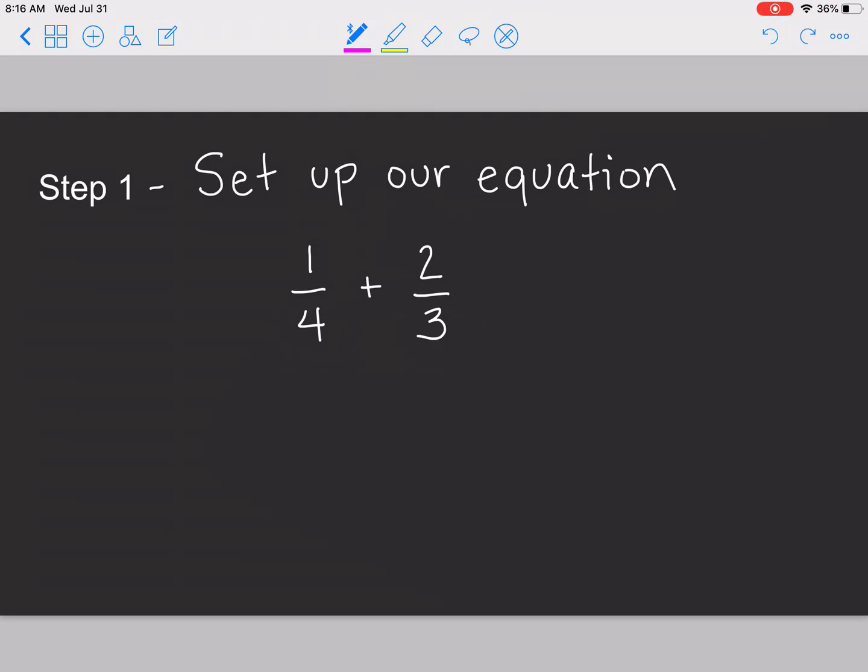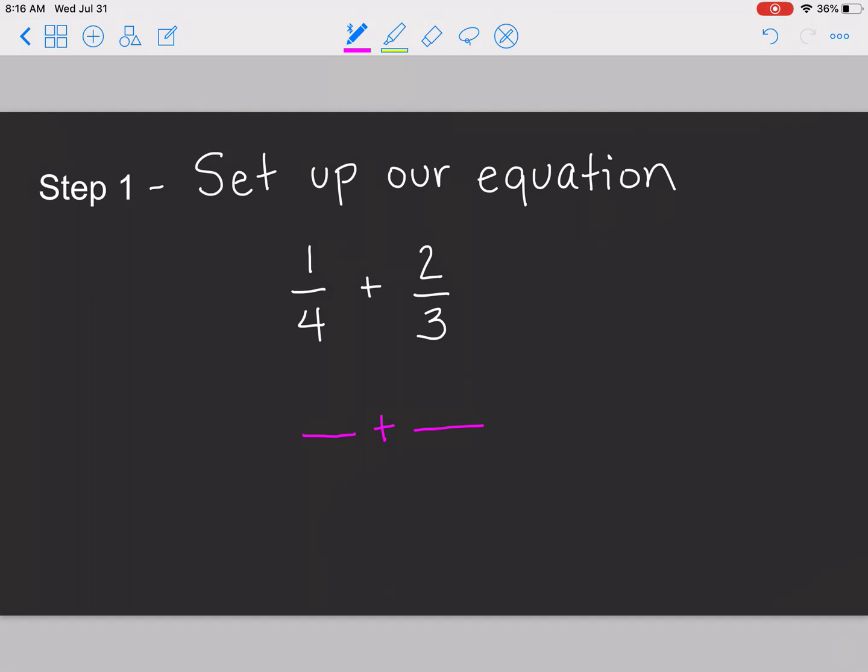So what we're going to do first is set up a new equation. It's a blank equation right now because I don't have my equivalent fractions yet.